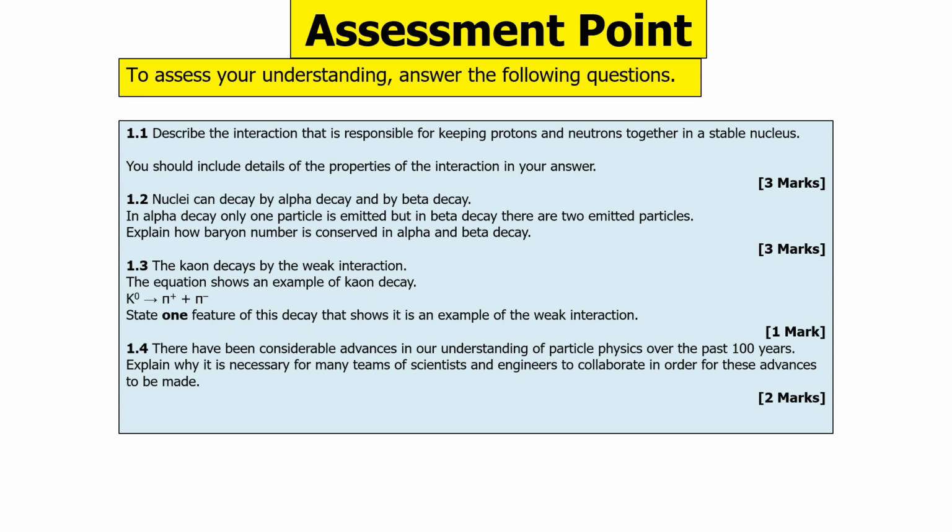The equation shows an example of kaon decay. K0 goes to pi plus pi minus. State one feature of this decay that shows an example of the weak interaction. Then, there have been considerable advances in our understanding of particle physics over the past 100 years. Explain why it's necessary for many teams of scientists and engineers to collaborate in order for these advances to be made. So pause the video now, then unpause the video when you want to go through your answer.